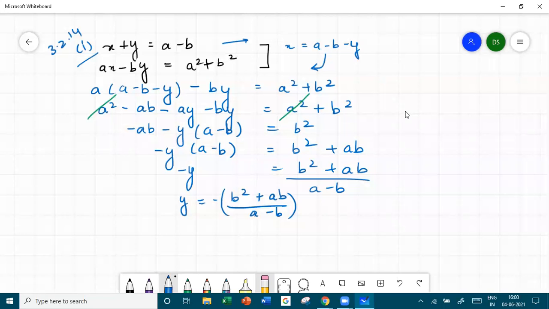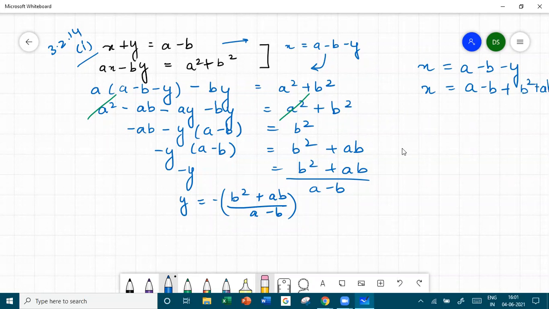You put back the value of y in this. x is equal to a minus b minus y, and you get a minus b minus, so plus b square plus ab. Okay.